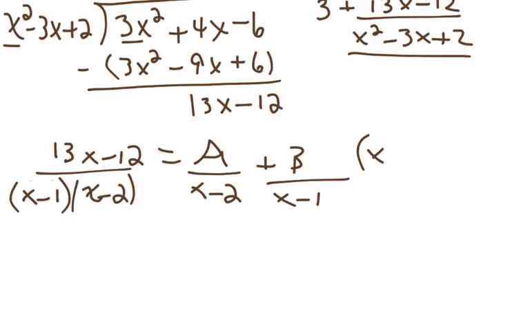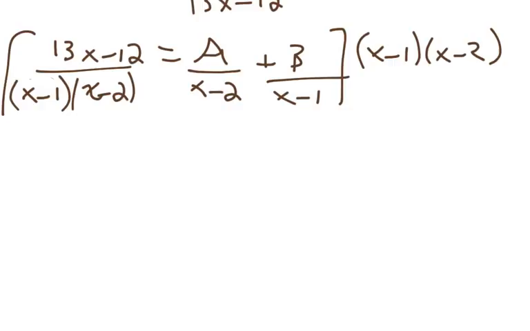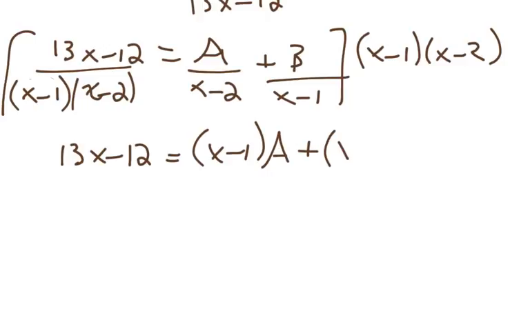And multiplying out by the denominator to both sides and reducing, it's going to yield an equation: 13x minus 12 is equal to x minus 1 times A plus x minus 2 times B. I'm going to use collecting terms for this one.